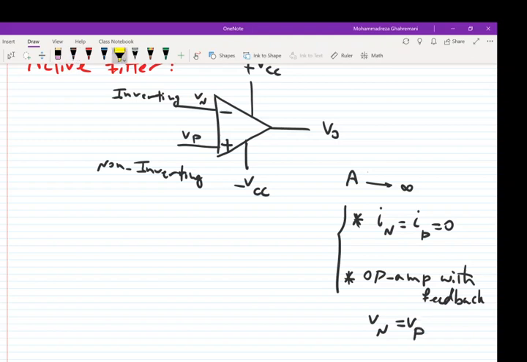So we have two important equations and rules here. The currents are equal to 0, and in op amps with feedback, Vn is equal to Vp.